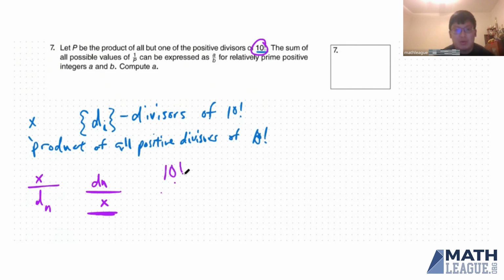Now, 10 factorial is equal to 2 to the 8th times 3 to the 4th times 5 squared times 7.